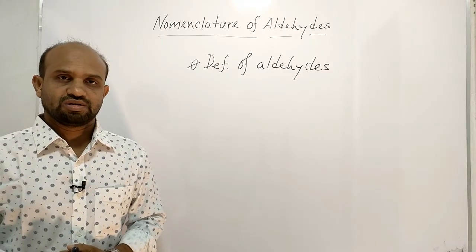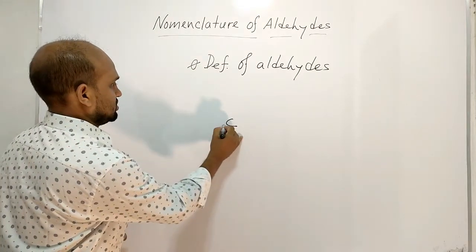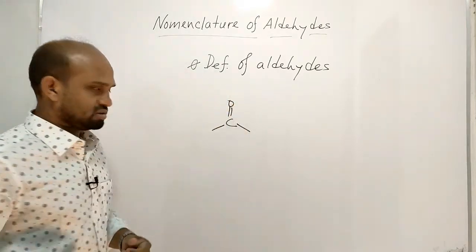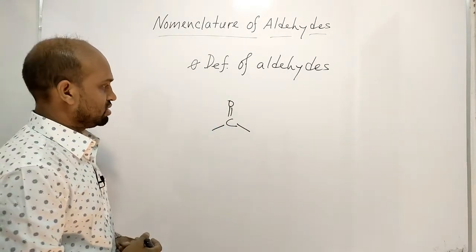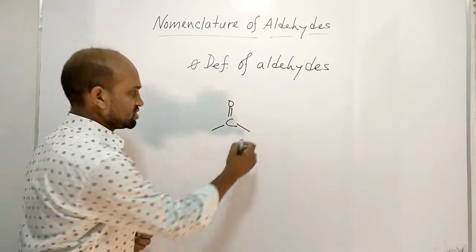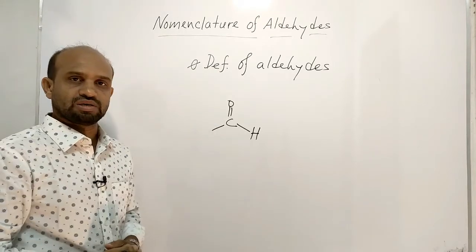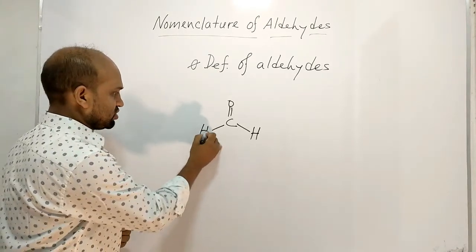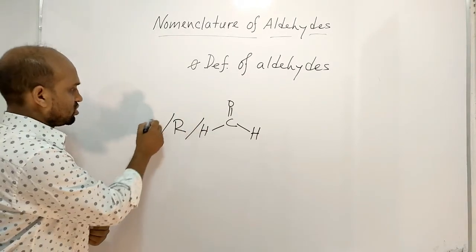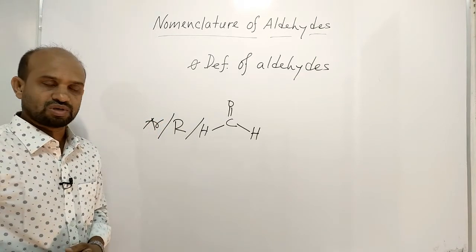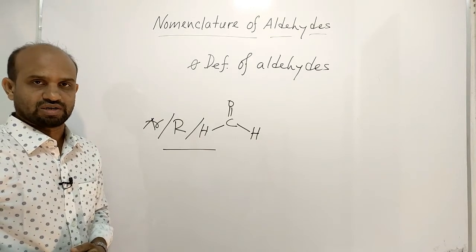The very first point is definition of aldehydes. Let's see. This is carbonyl group, divalent carbonyl group. When one valency is satisfied with hydrogen and another valency is satisfied with hydrogen or alkyl group or aryl group, then the compound formed is called aldehyde.